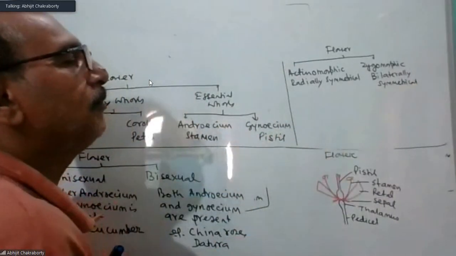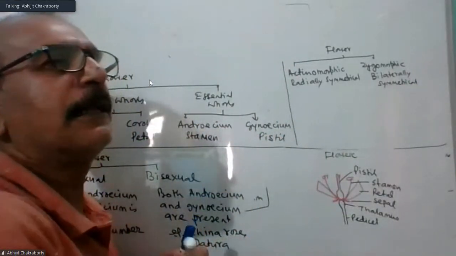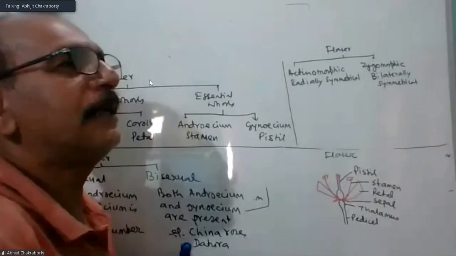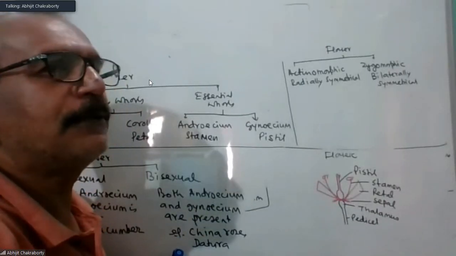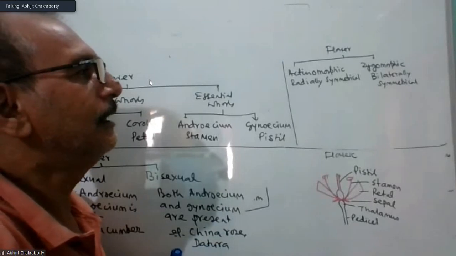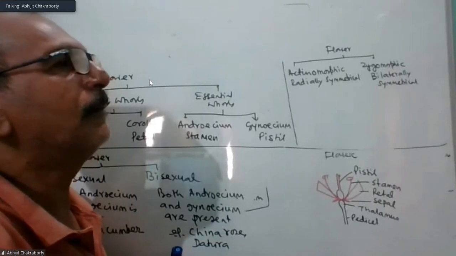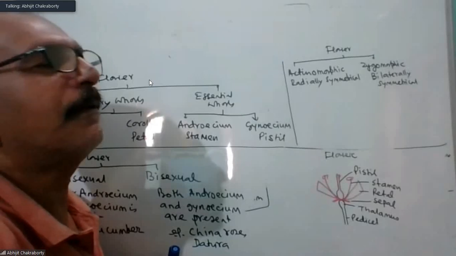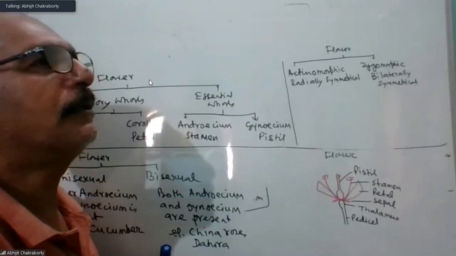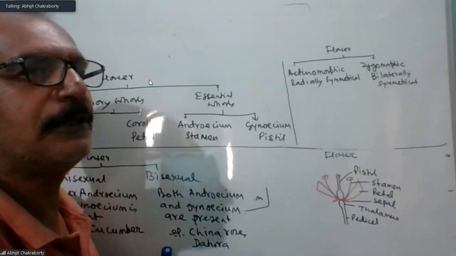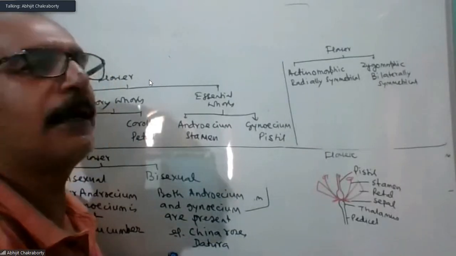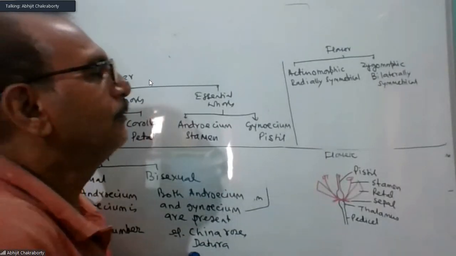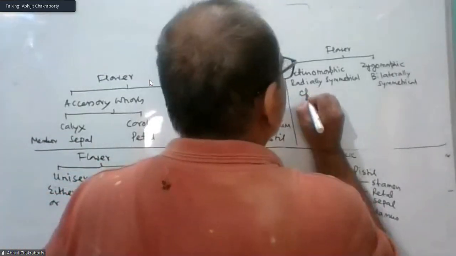In case of actinomorphic flower, these flowers can be divided into two halves by dissecting it at any plane through the central axis. But in case of zygomorphic flowers, two equal halves may only be produced when the flower is cut through the central axis in one plane. And I think you have an idea about radial symmetry and bilateral symmetry. So it is found in case of China rose.